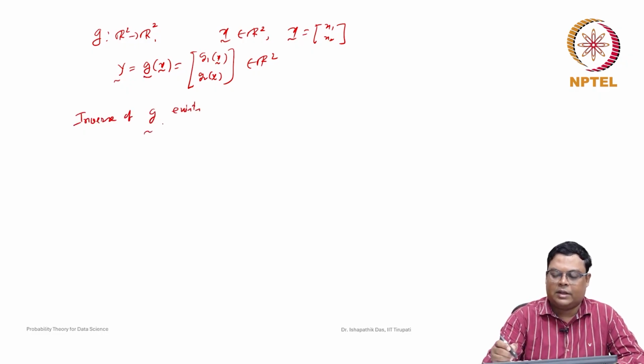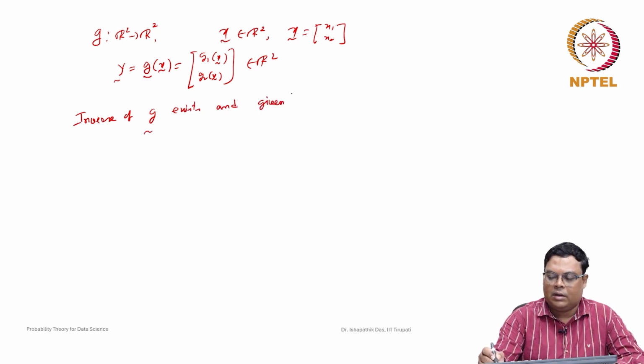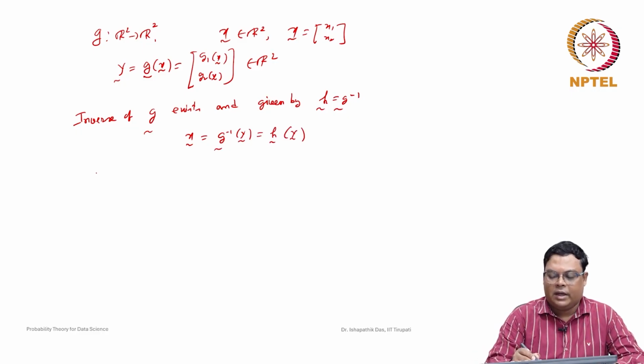This is a vector function, which we denote by h is equal to g inverse. So you can find x is equal to g inverse of y, which is equal to h of y. Not only that, remember that for the univariate case we discussed the derivative, which is either strictly greater than 0 or strictly less than 0.